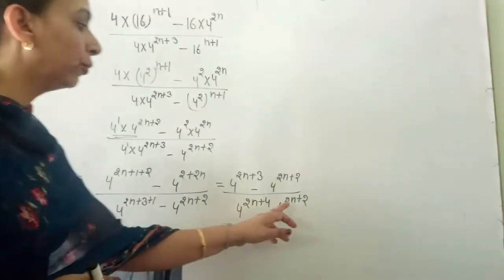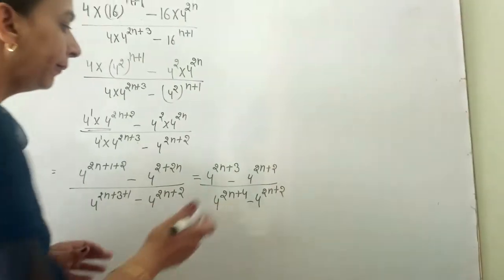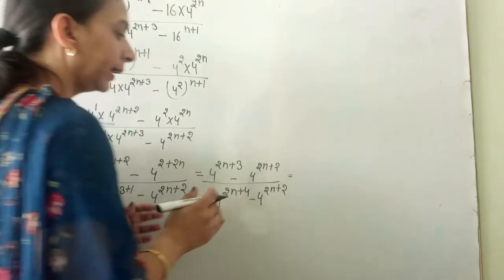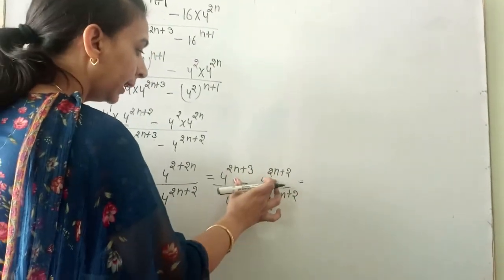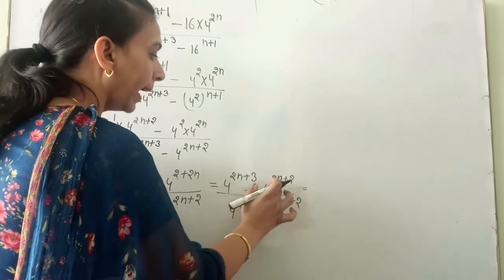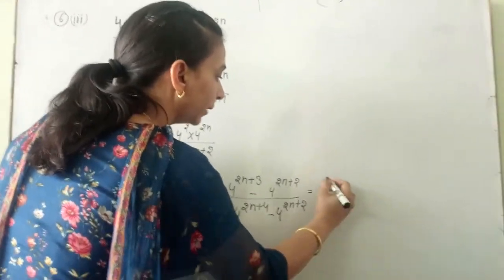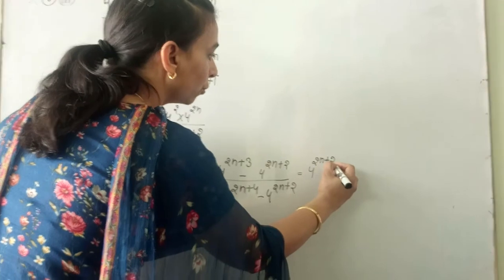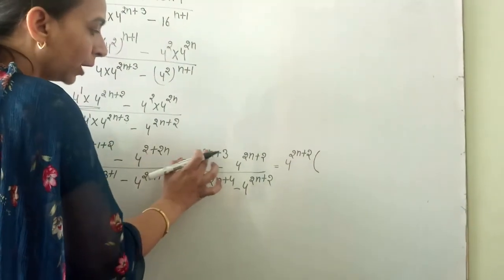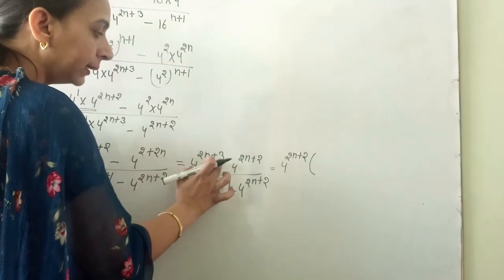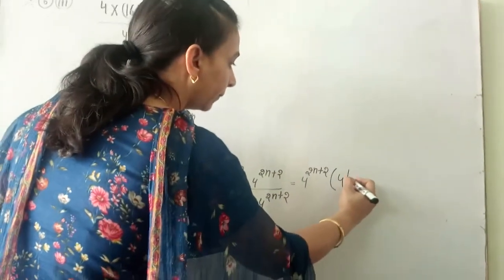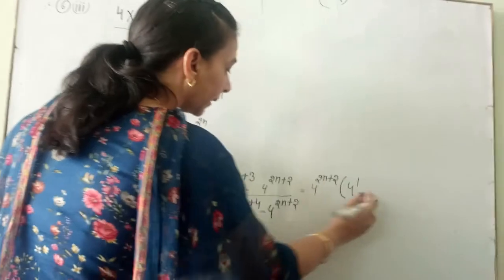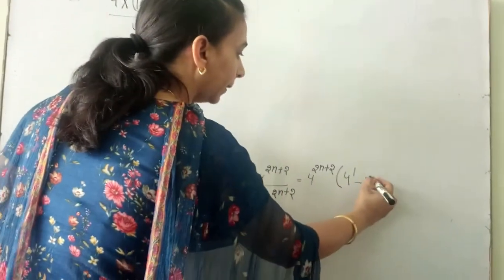The minimum power is 2n+2. Then we take 4 raised to the power 2n+2 common in numerator and denominator. First in the numerator, we take 4 raised to the power 2n+2 common, then only 4 raised to the power 1 is left, 4 raised to the power 1 minus 1 since the complete term is common.